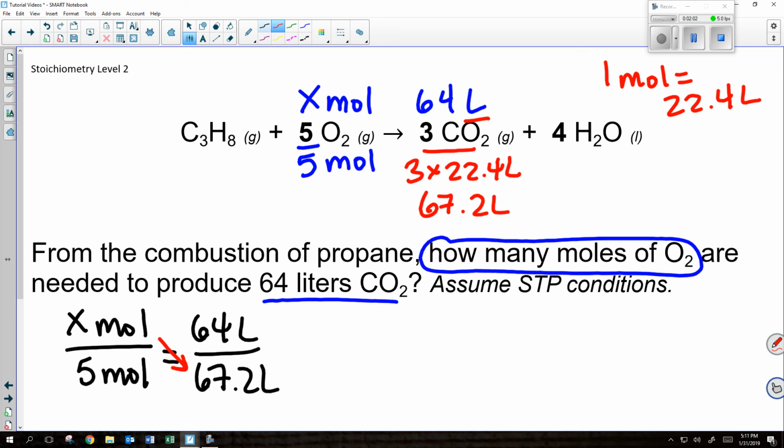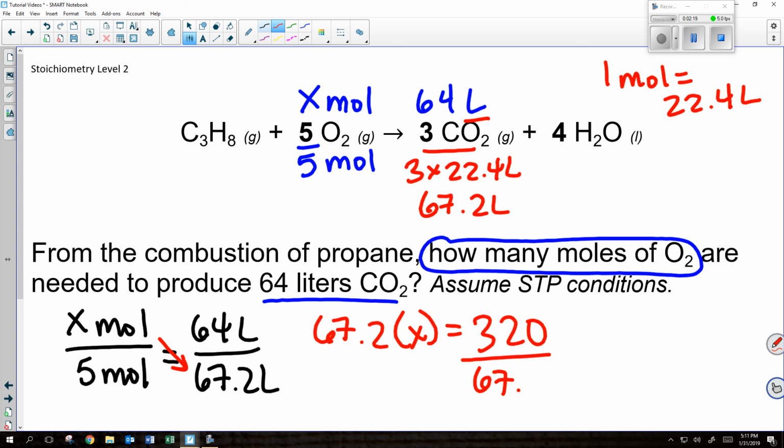Multiplying this way, I get 67.2x equal to 5 times 64. 5 times 64 equals 320. To solve for x, I divide both sides by 67.2. And that comes out to be x equal to 4.7619.